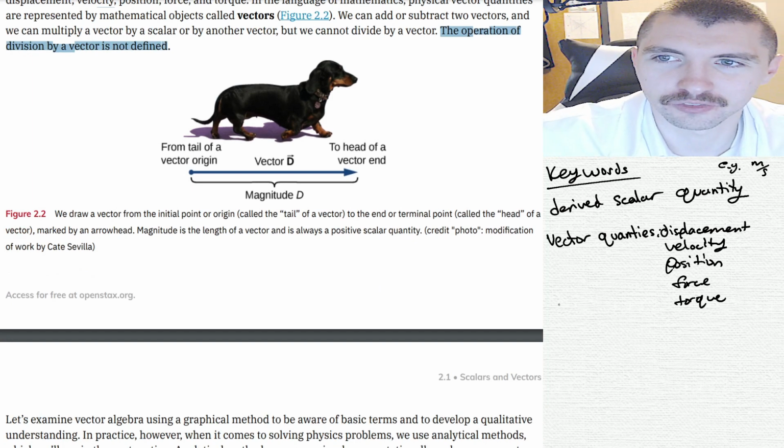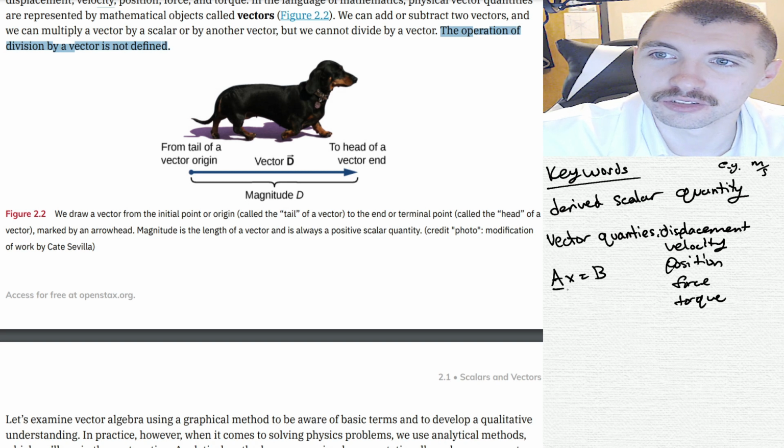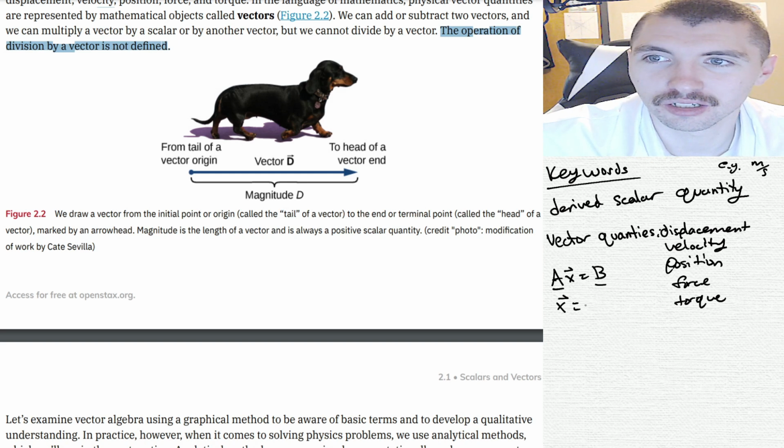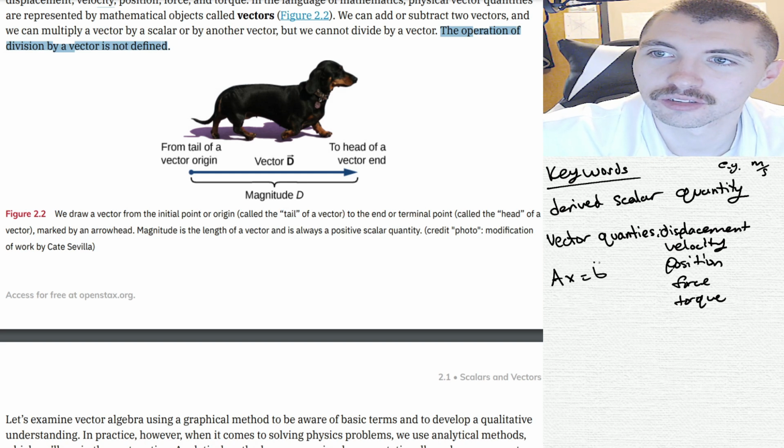So, for example, if you have Ax equals b, where this is a matrix, this is a matrix, and this is a vector, you could find this by doing, I think it's a lowercase b. These are both vectors.